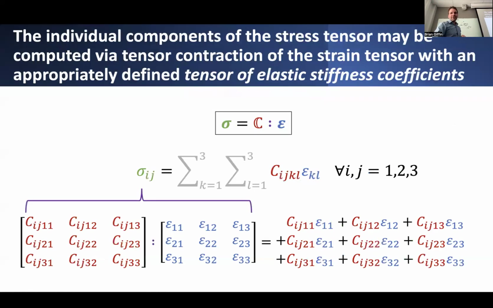All right. Now, the other interesting thing, and the particular use of this tensor contraction operator, is to say that, like we did before when we were talking about the definition of particular components of stress as being the sum of all these different components of strain multiplied by a bunch of different components of this elastic stiffness coefficient matrix summed together, and that gives me a particular component of stress.